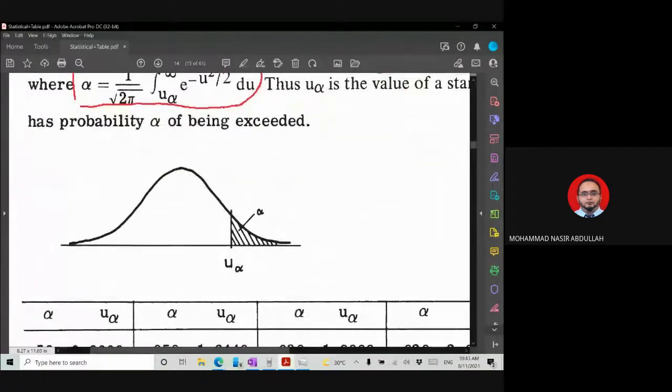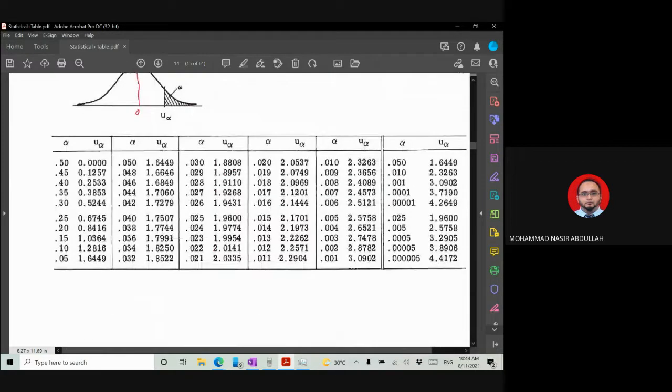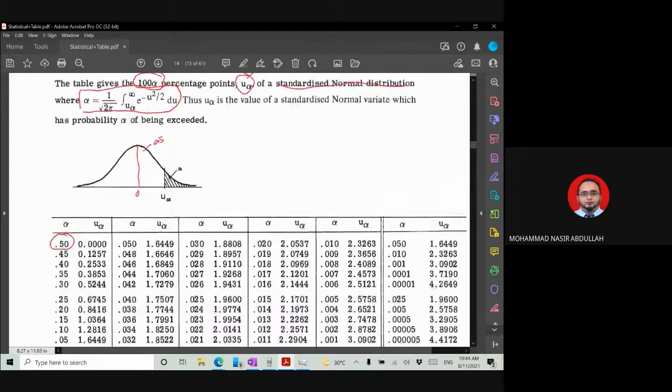Look at the diagram. It only gives us the area to the right. So this total area is 0.5. That's why the maximum value of alpha is 0.5, because it gives the area to the right hand side that only covers 0.5 or 50% of probability.